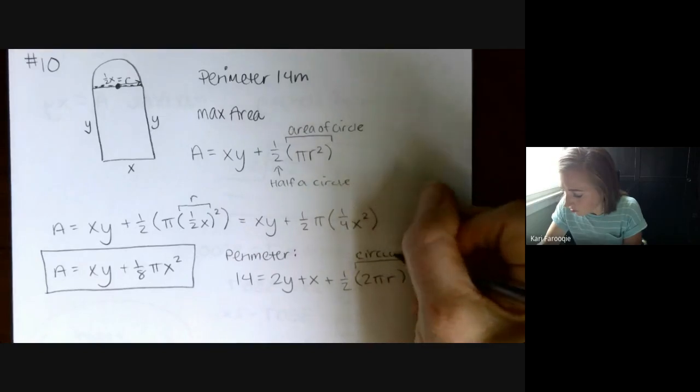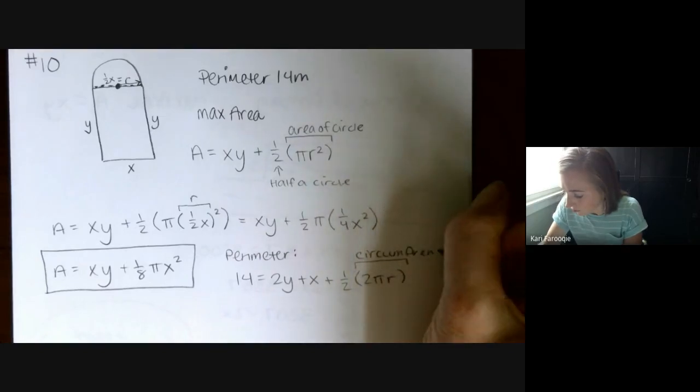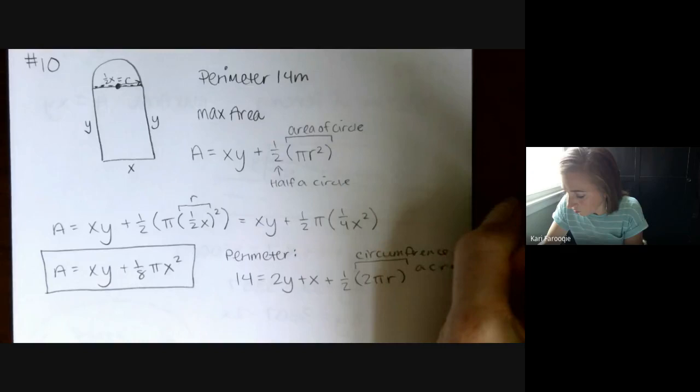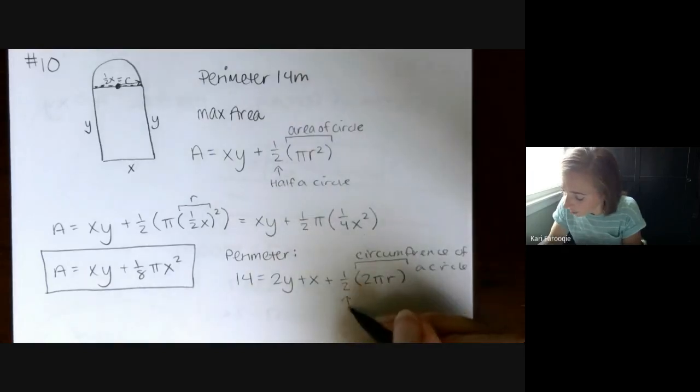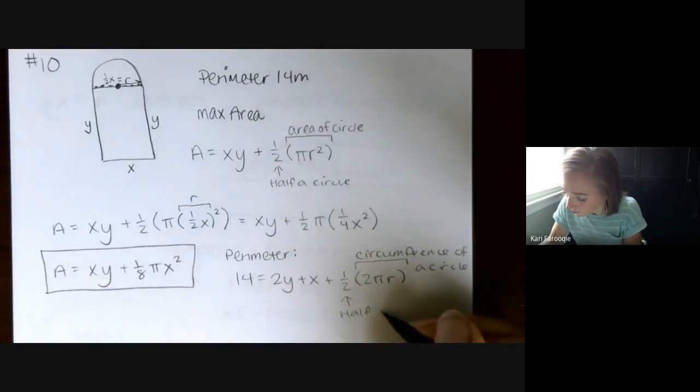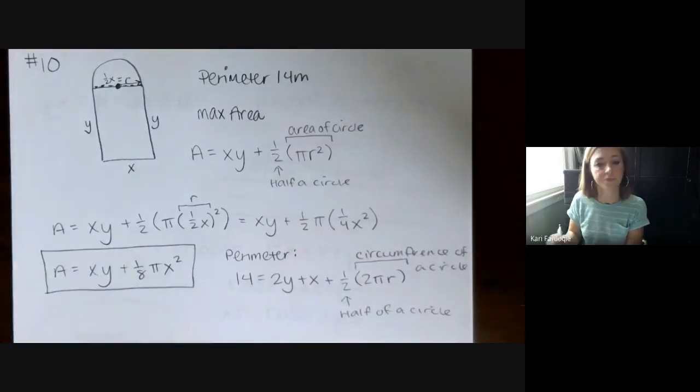So this is the circumference of a circle, and then we only have half of a circle. So we're going to rewrite everything in terms of x and y, and then we'll simplify this out, and then we'll substitute and take a derivative.